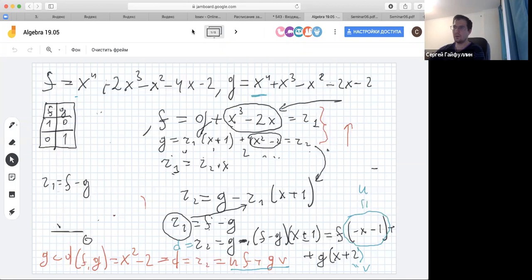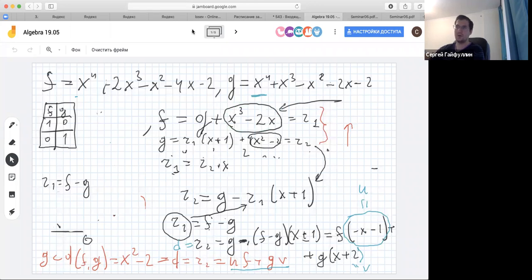This is the first table for all cases. Then I divide F by G with remainder. The first remainder is R1. I obtain that R1 equals to F minus G.